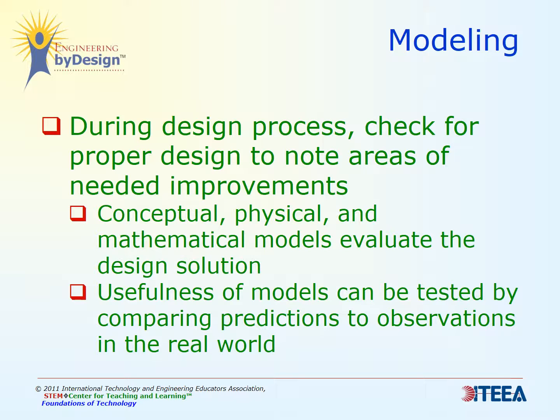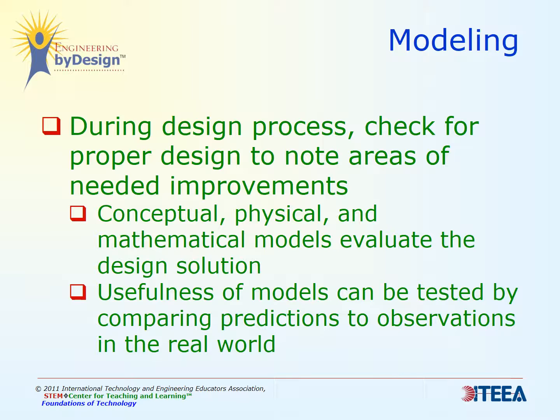Now, modeling. During the design process, you're going to check for proper design and note your areas of needed improvement. What needs to change? What can be done better? Conceptual, physical, and mathematical models evaluate the design process.